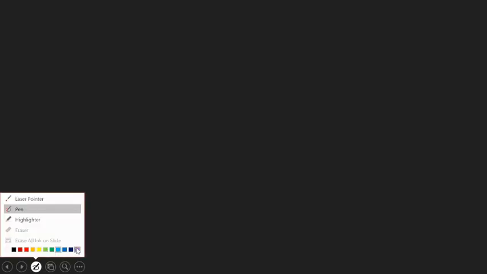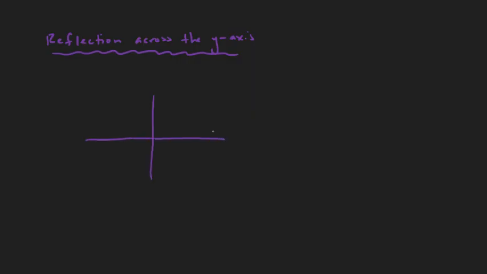Next, what happens when we do our reflection across the y-axis? Let's draw a picture of a coordinate plane right here, and again, let's put A in that first quadrant and give it coordinates of x and y.